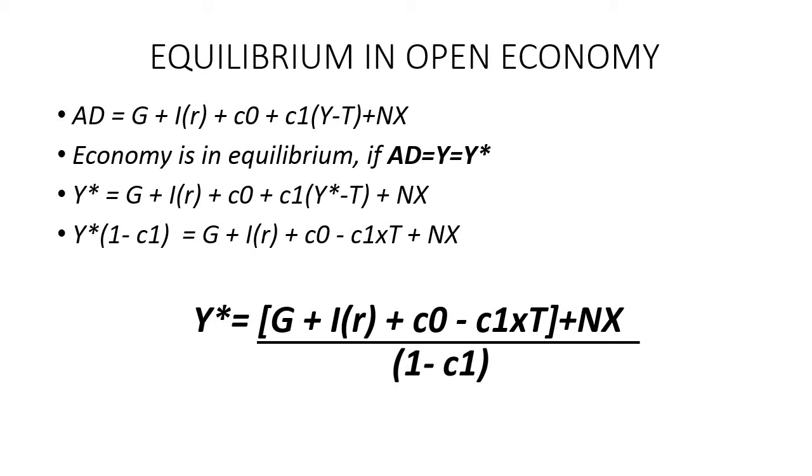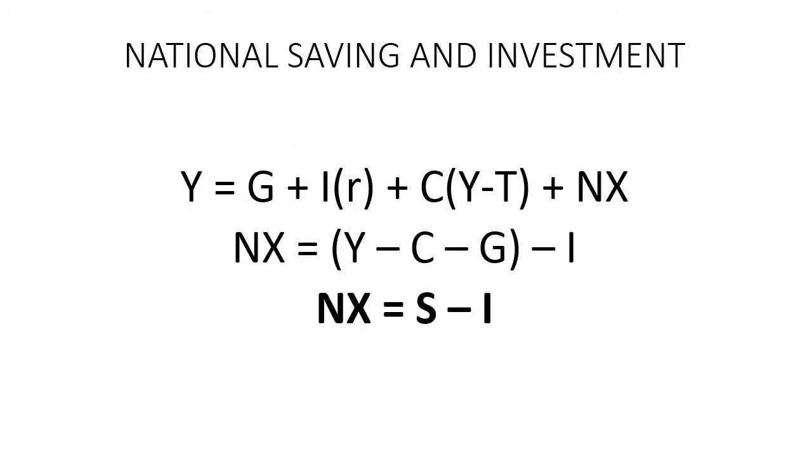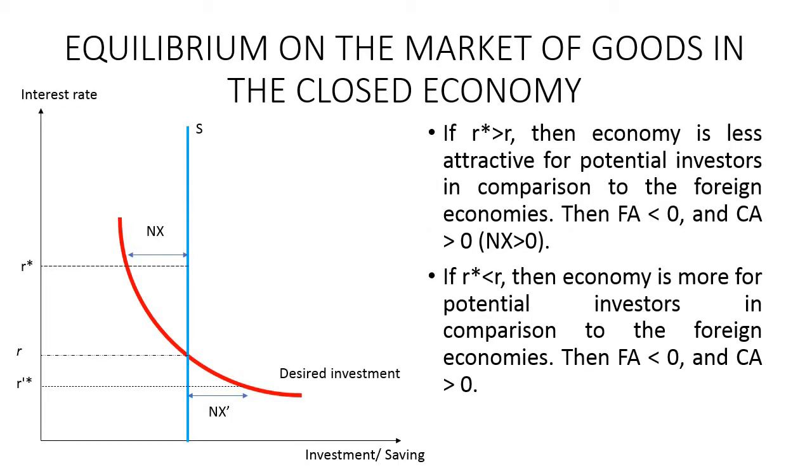So the value of output is equal to the value of income, and they are both equal to autonomous demand multiplied by Keynesian multiplier. You can easily detect that net exports can be calculated as national savings: income minus consumption minus government spending minus investment. And here you can see the illustration.